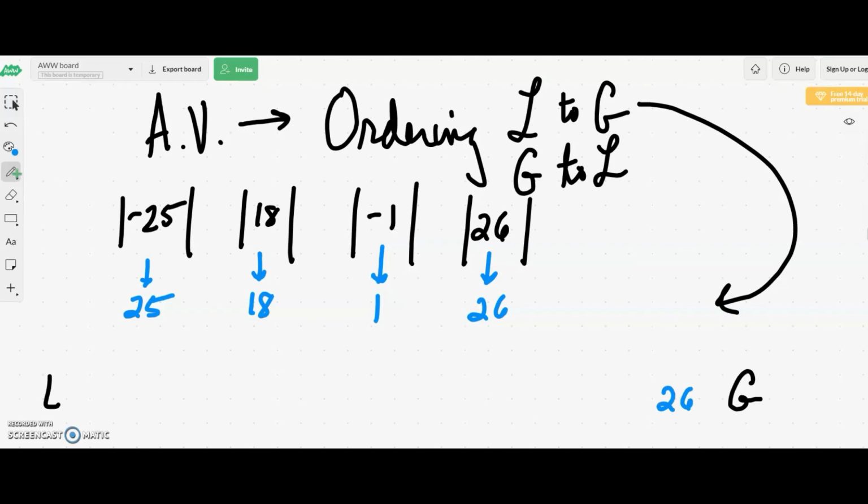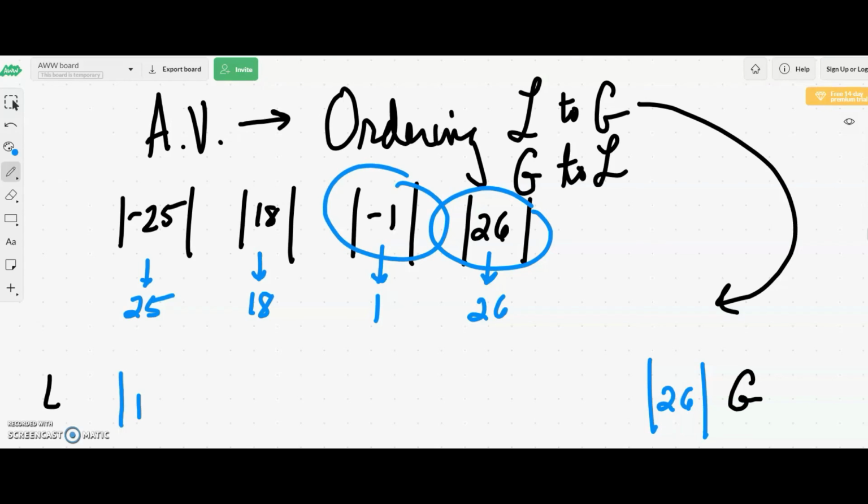But don't write it as 26. You have to write it as the absolute value of 26. That's your largest. What's your smallest? The number that's closest to 0 would be the smallest, so it's going to be 1. But don't write it as 1. Write it in the original form, so it's going to be the absolute value of -1.